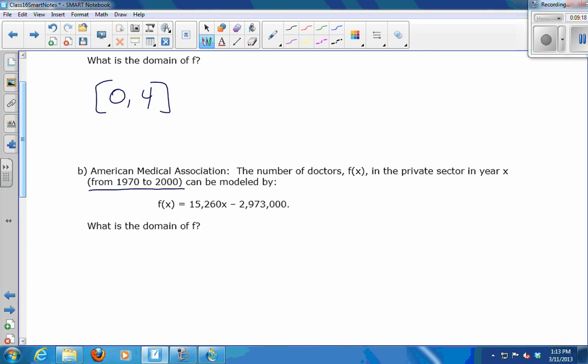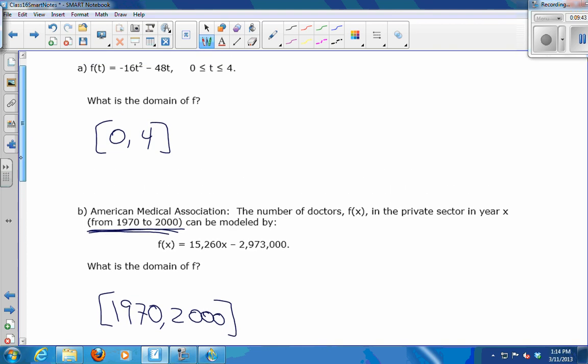Otherwise, maybe this model is inaccurate. Maybe there's a big jump in doctors after 2000 or a decline, I don't know. But the domain was given to us in the problem, 1970 to 2000. So sometimes they just give us the domain and make it easy on us.